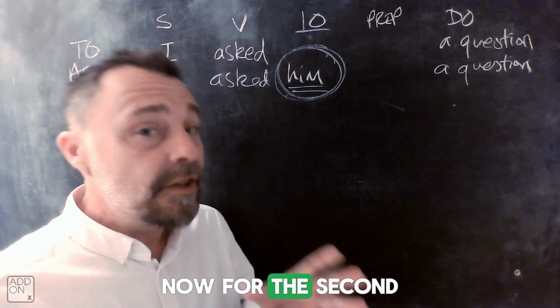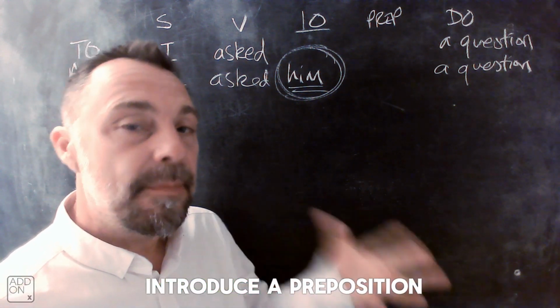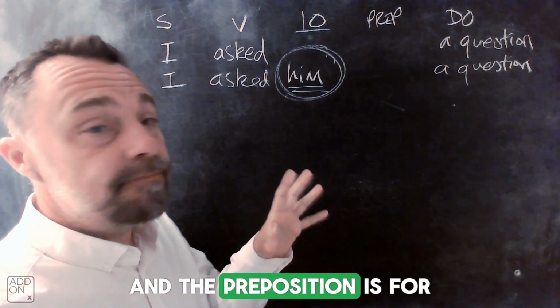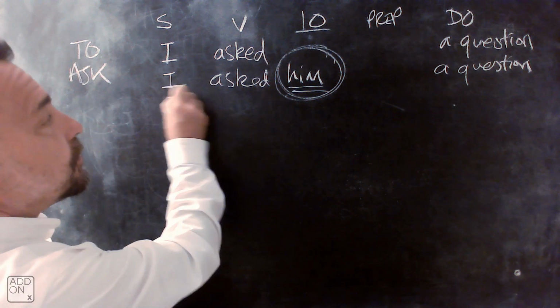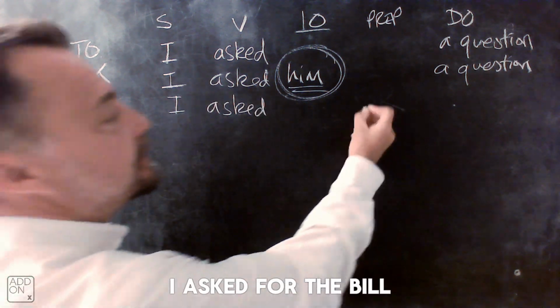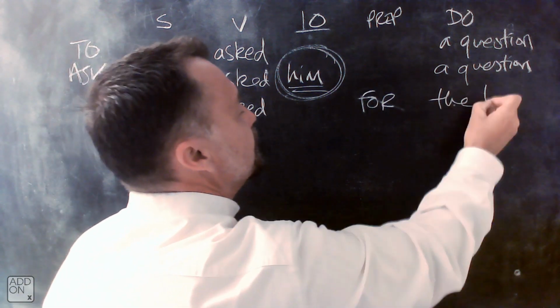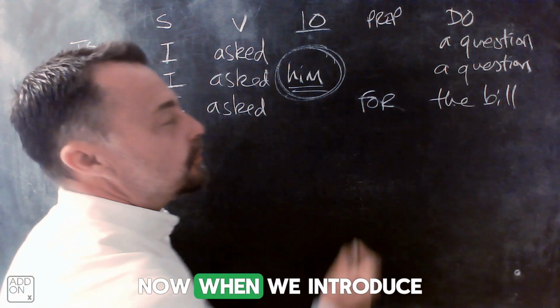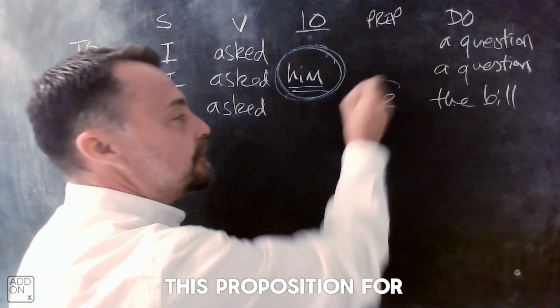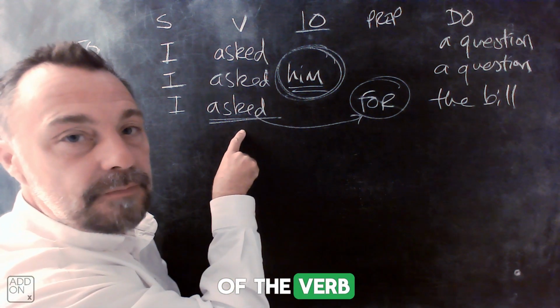Now for the second use of ask, we're going to introduce a preposition. And the preposition is for. When we introduce the preposition, I asked for a bill. Now, when we introduce this preposition for, we change the meaning of the verb.